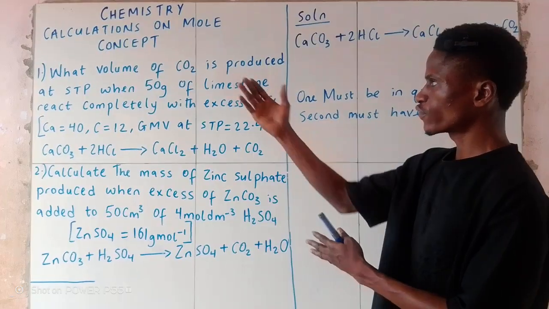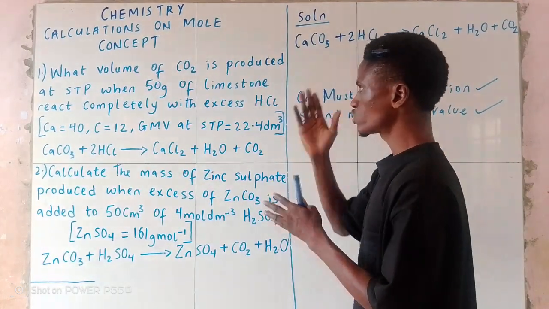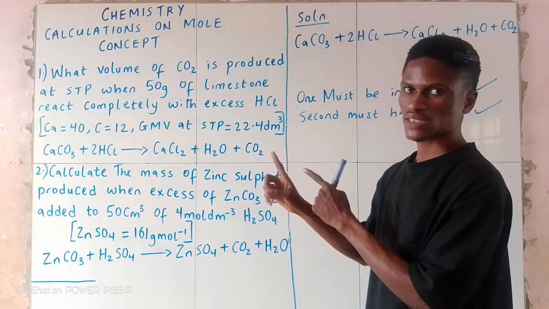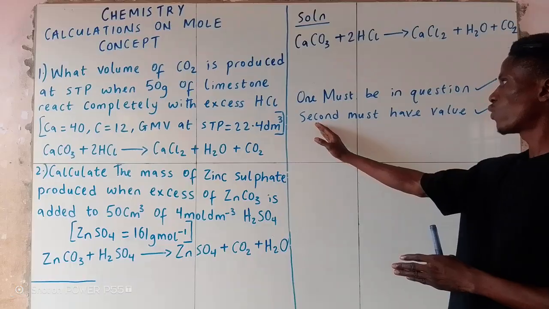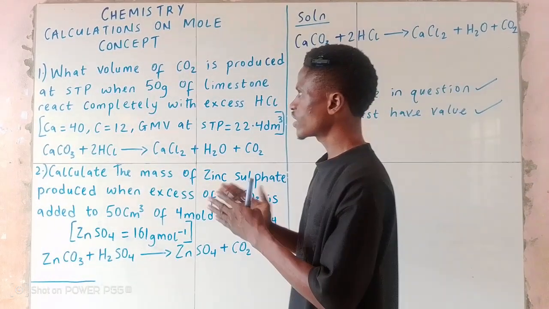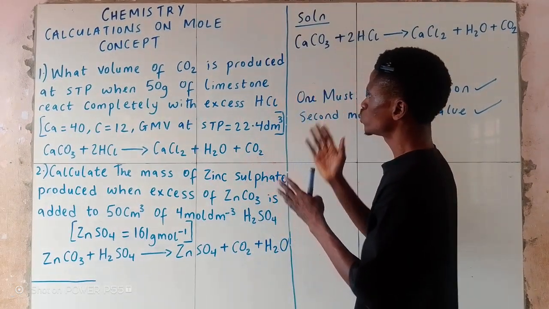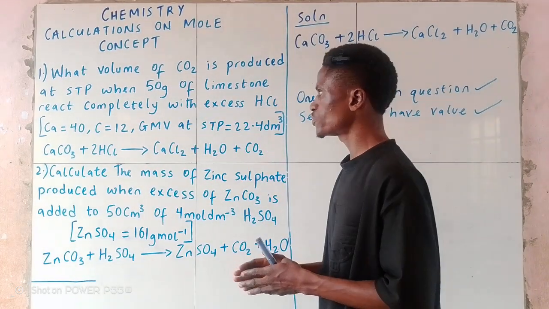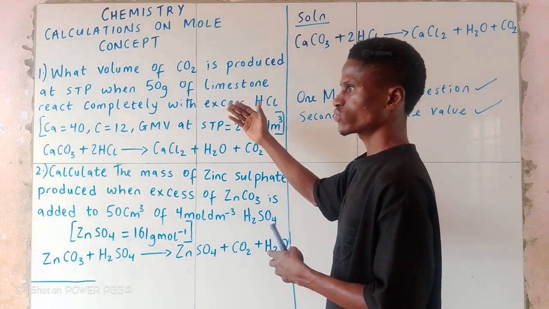And we check here carefully, you can see that the question is what volume of CO2 is produced. So it means that one of the substances is CO2. And I said that the other one must have value. We are saying that what volume of CO2 is produced at STP when 50 grams of limestone, which is calcium carbonate.